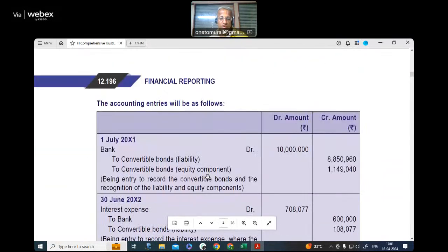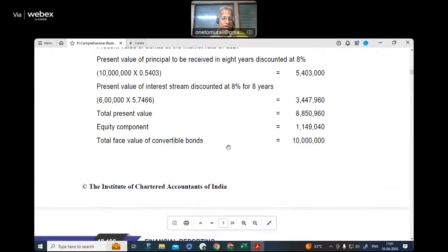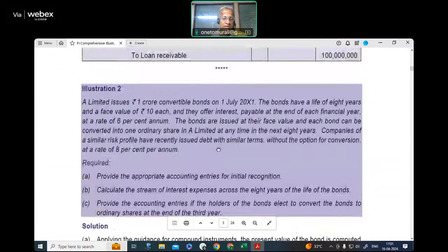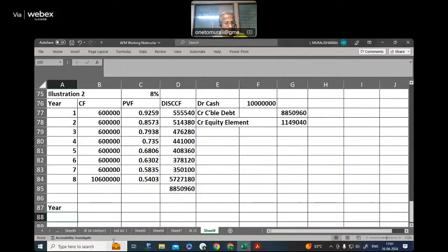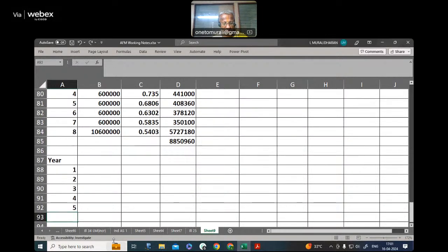Then how the same has got to run for the periods, where it is on annual basis. When you run for all that, year number 1, 2, 3, 4, 5, 6, 7, and 8.